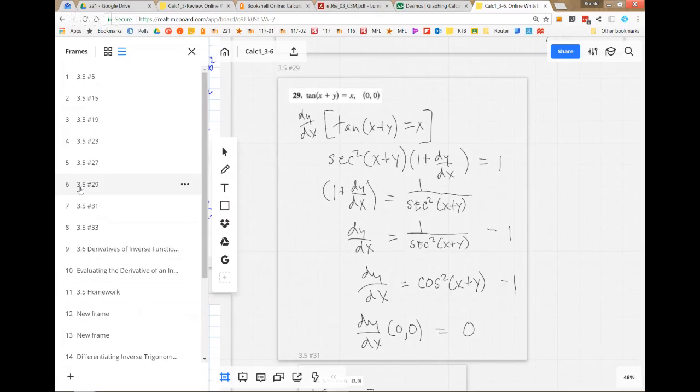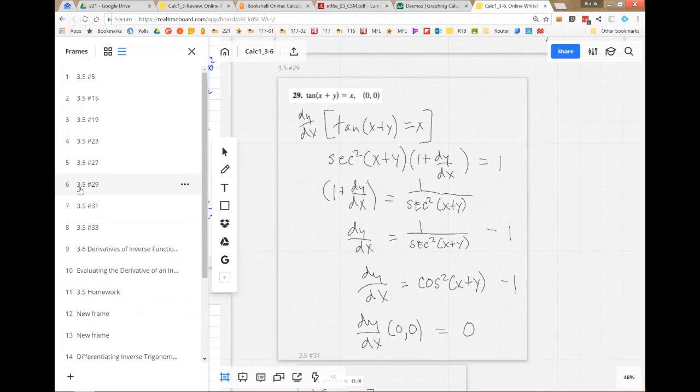So we take the derivative of the whole thing. The derivative of the tangent of x plus y is the secant squared of x plus y. But then we have that inner function x plus y, so the chain rule: what's the derivative of x? 1. What's the derivative of y? dy dx.